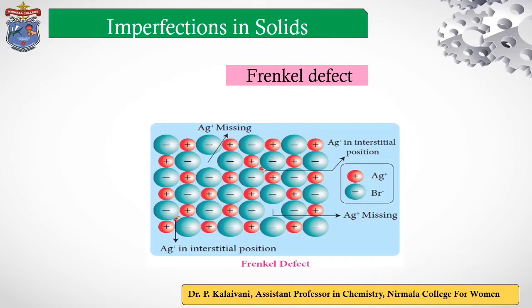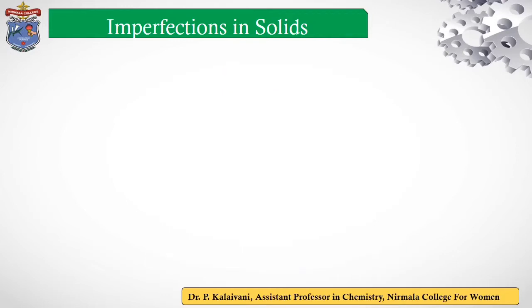Generally, it is found in those ionic crystals which have low coordination number and the size of the cation is smaller than the anion size. Example, zinc sulfide, silver chloride, silver bromide and silver iodide. In silver bromide crystal, Ag+ ions are missing from its lattice position and occupy the vacant interstitial site.